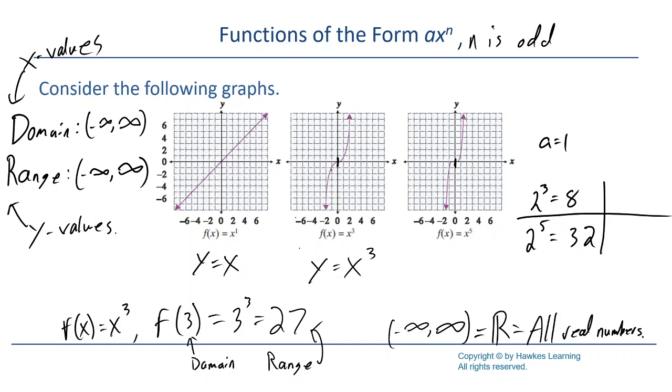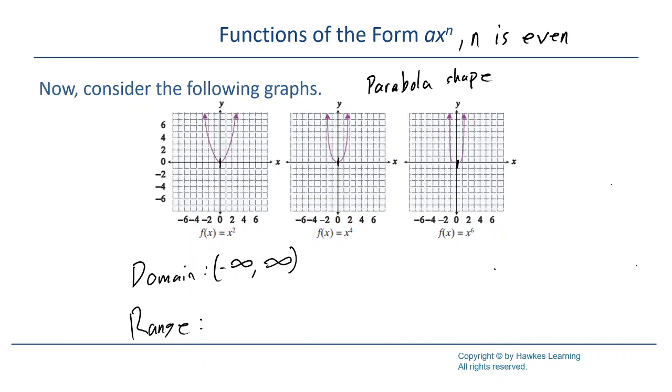I can get negative 1, I just plug in negative 1. I could get negative 8, I just plug in negative 2. But with the even powers, I'm out of luck. I can't get any values that are negative. So these all go down to 0, and we say that their range is from 0 to infinity. And again, we're assuming that a is equal to 1 for these.